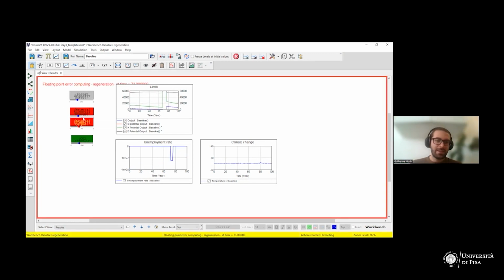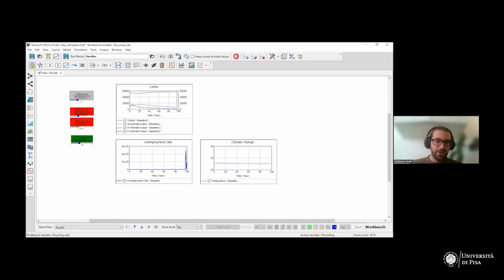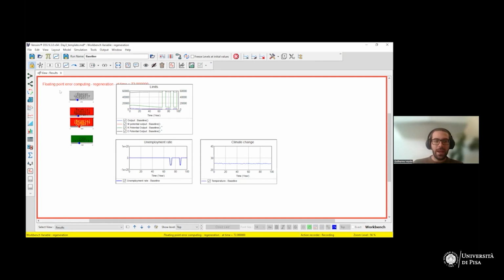But as I said, if you change them randomly without knowing very well what you're doing, you get errors in the model because some extreme values may appear or some problems may emerge from your model. So in this case, there's a floating point error, so Vensim is not able to compute some simulation point because I changed this in a way.